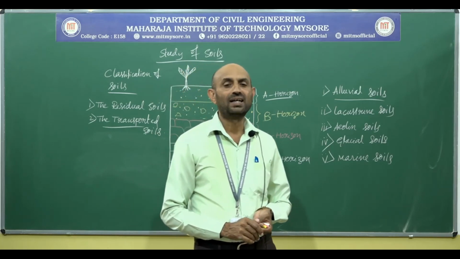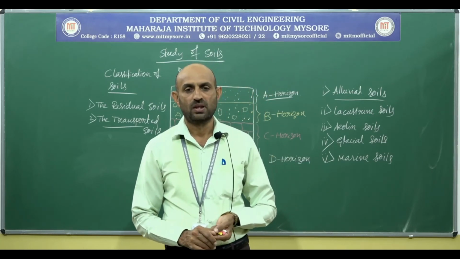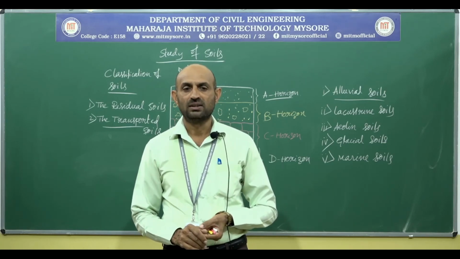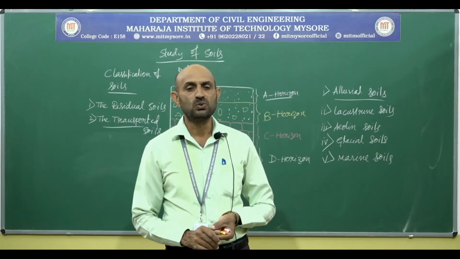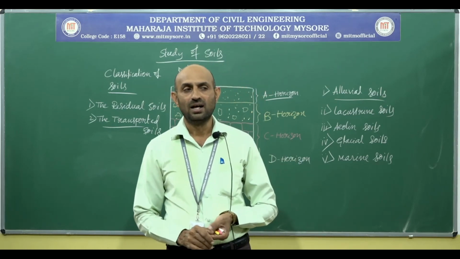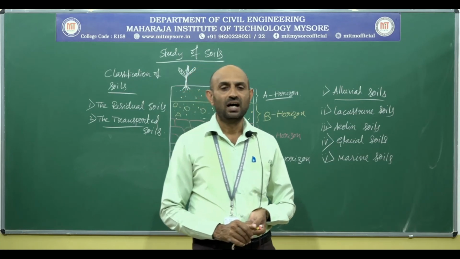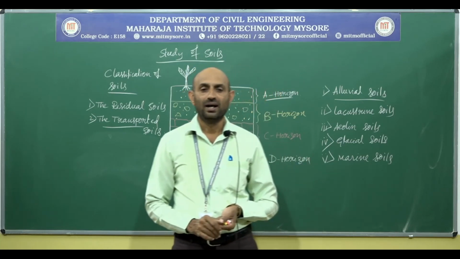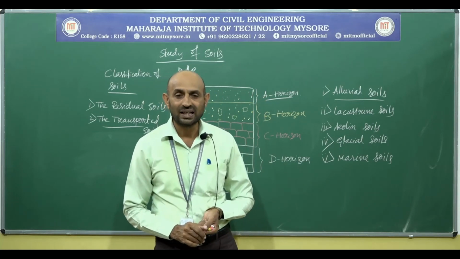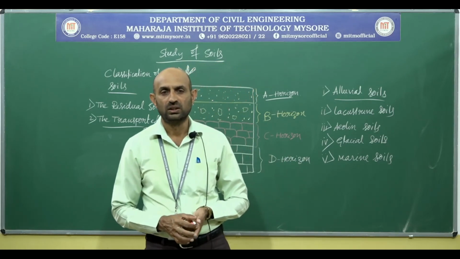The source of the black color is not yet perfectly known, but some scientists have attributed the black color of the soil to the presence of titanium, iron or some organic compounds. It is highly susceptible to expansion and contraction, and water cannot easily drain through this soil.